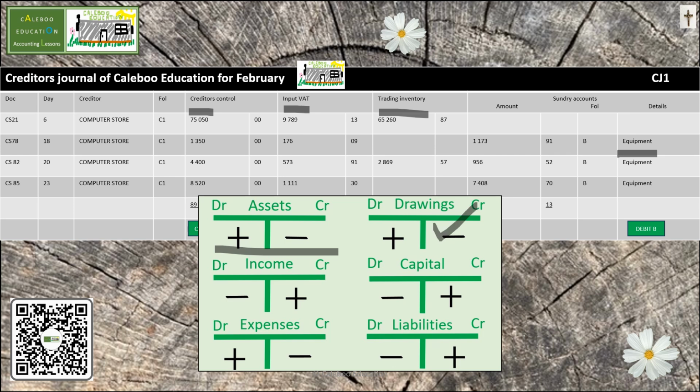These are our categories: assets, drawings, income, capital, expenses, liabilities. And then we're going to see if the asset value has increased, then it will be debited. So we're going to apply our rules in the next step. We're going to take the information from the creditor's journal to the general ledger.